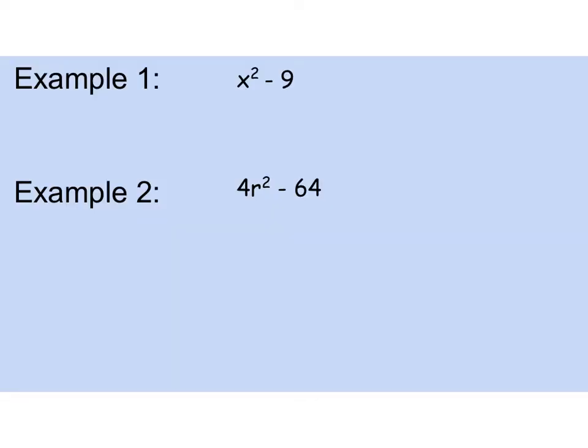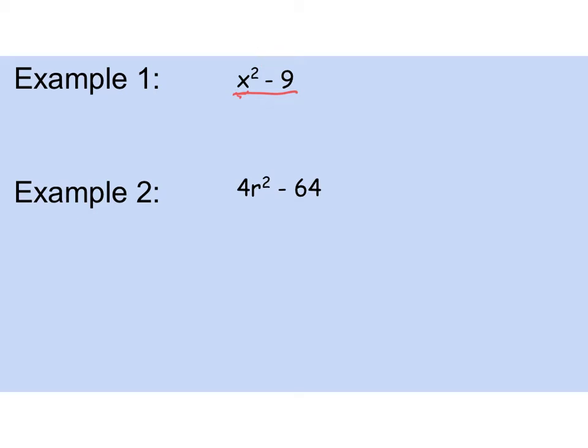Example 1: if we have x squared minus 9, and we need to factor this, we immediately observe there is no middle term. So this must be the difference of two squares, which should be pretty easy to factor.